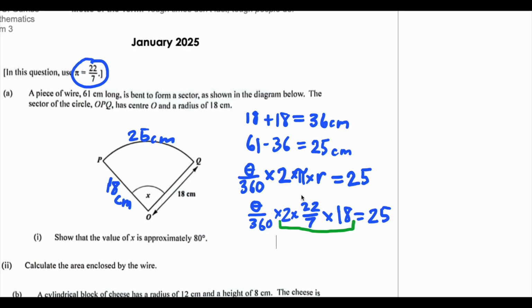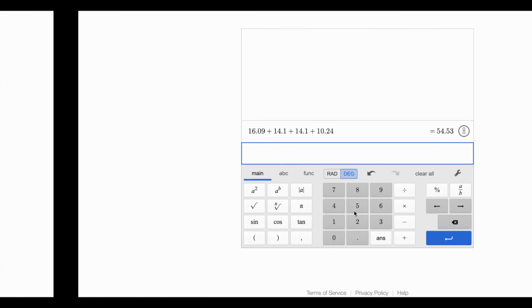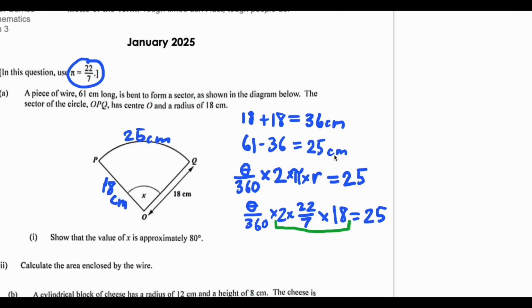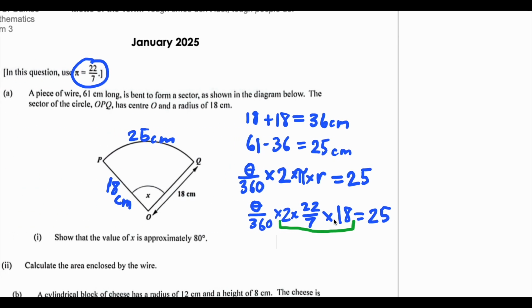So 2 times 22 over 7 times 18 gives me 113.14. So that's what I get for this.